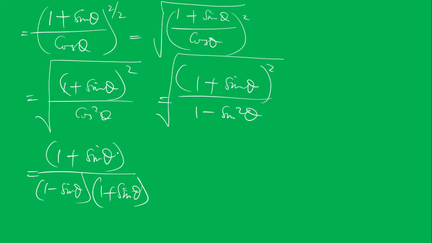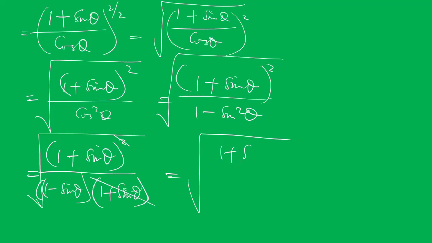So this one is squared, so this expression will cancel out the square root. So this will be equal to the square root of 1 plus sine theta all over 1 minus sine theta.